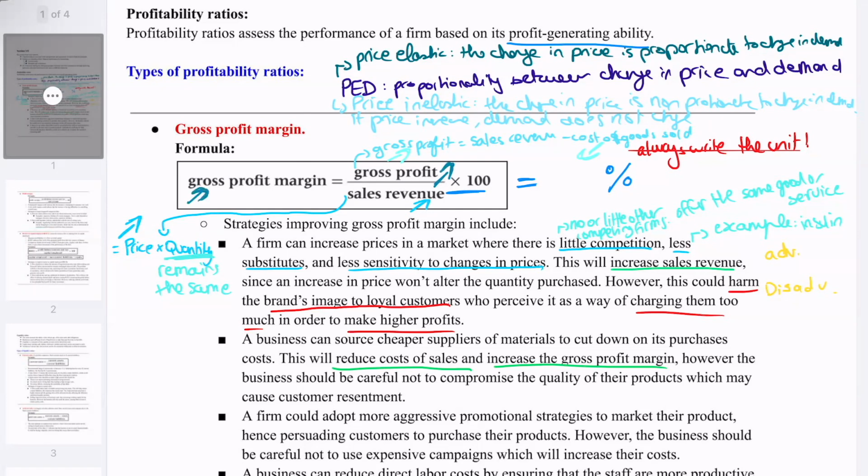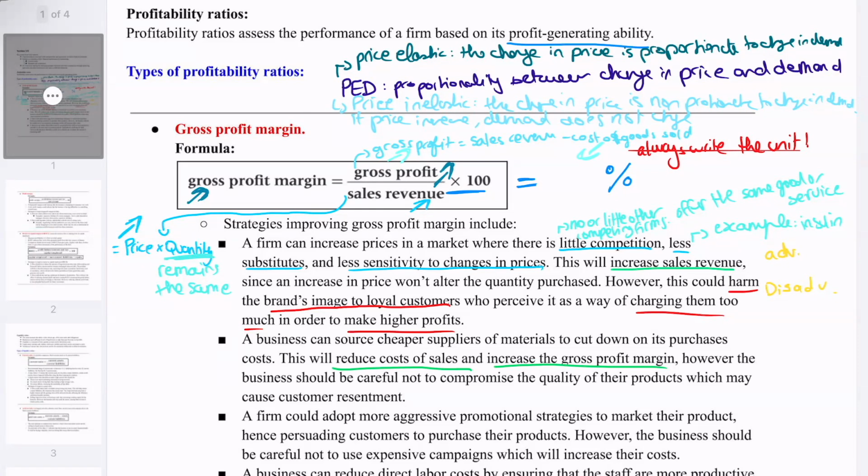However, the business should ensure that they do not compromise the quality of their products, which may cause customer resentment, right? Let's say you're buying shampoo from a company, and you see that the quality of the shampoo is deteriorating. It's not giving the same benefits it used to give your hair, it's not making your hair smell as nice.